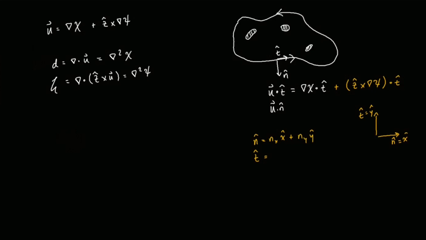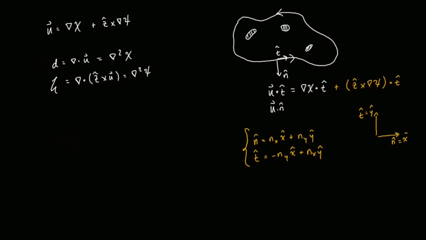Then if I do n hat in the positive y direction, t hat's going to come down to the negative x hat direction if I just keep going counterclockwise. So what we have is this guy's going to be minus ny in the x hat plus nx in the y hat. So we know those rules. Okay, those are given.